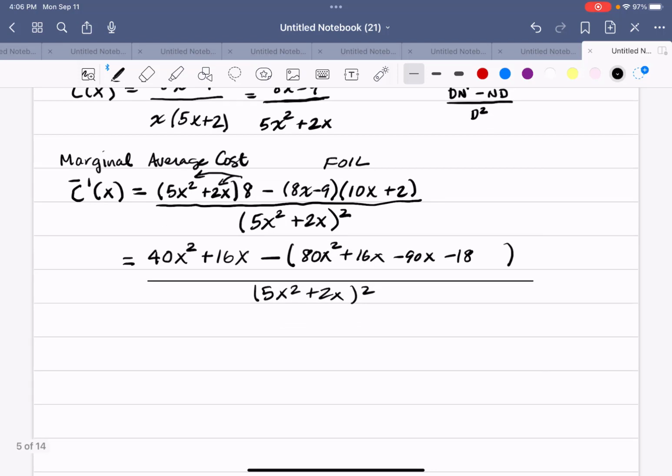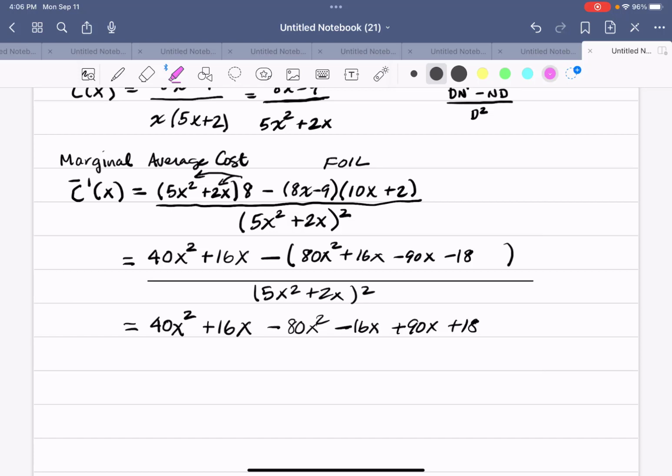So now I'm going to change all the signs. I could combine like terms, but I see something that's going to happen, so I'm not going to. You'll see in just a second. So minus 80x squared minus 16x plus 90x plus 18, because this minus sign here changes all the signs. So the 80 was positive, it's now minus.